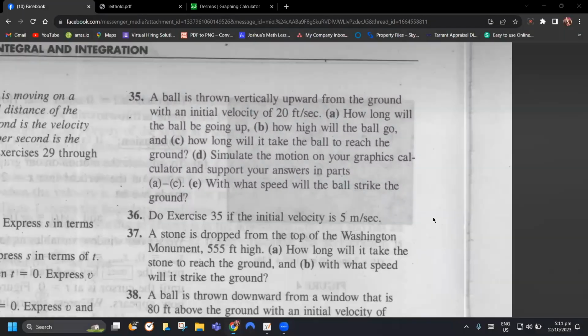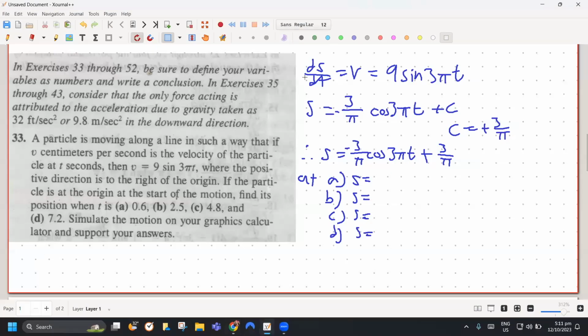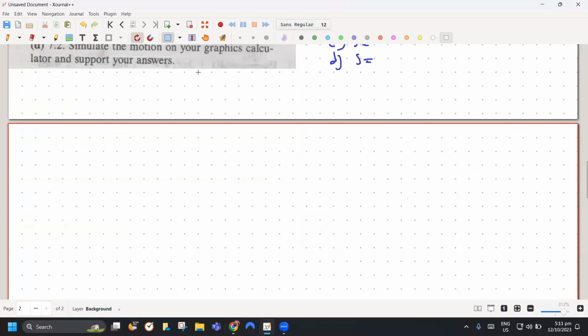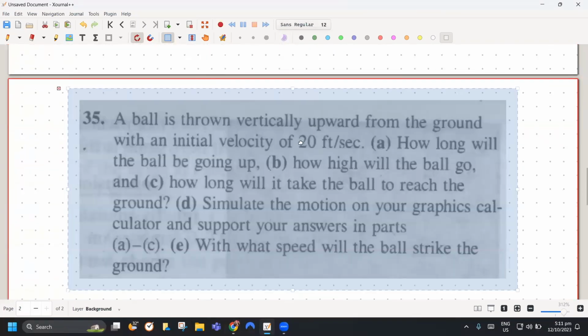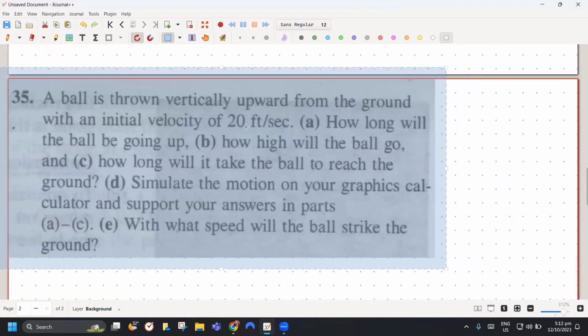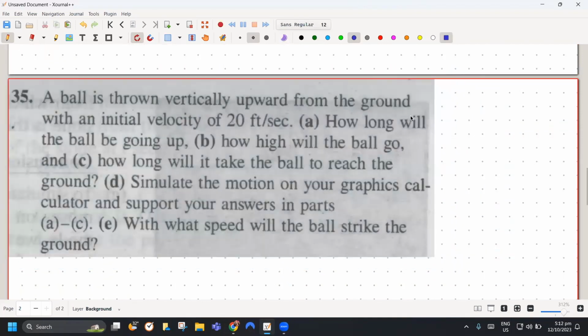So use the calculator to support your answers. Let's also review kinematics.